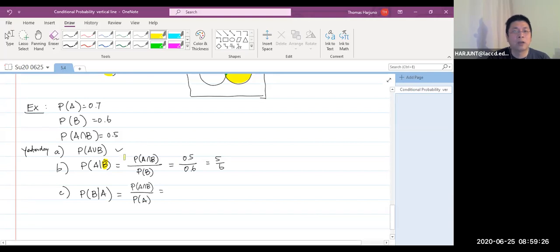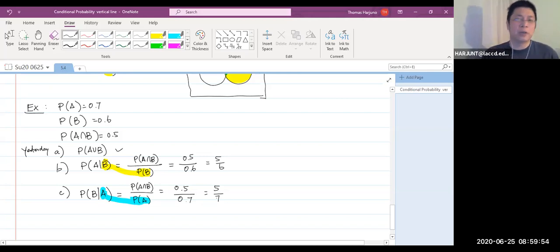Keep in mind, the condition will be on the denominator. So this will be 0.5 over 0.7, that is 5 over 7. Now that's the simpler example.